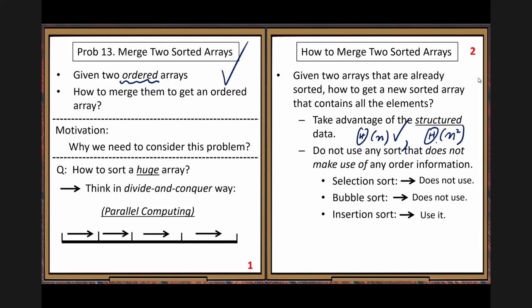Because of this nice property, we can use insertion sort in the special situation when we need to sort an array that is almost ordered, not completely ordered. That's the best algorithm here. For almost sorted arrays, the fastest one is insertion sort. All right, just recall this problem.